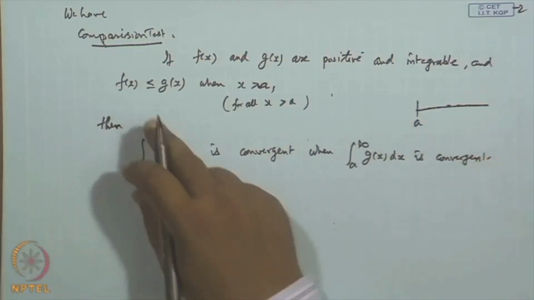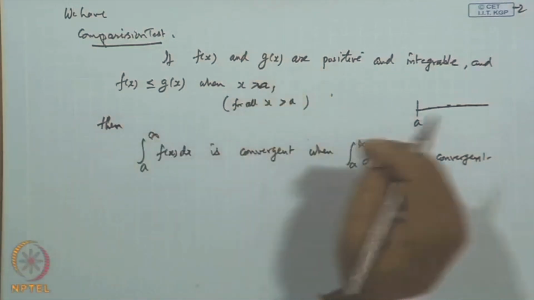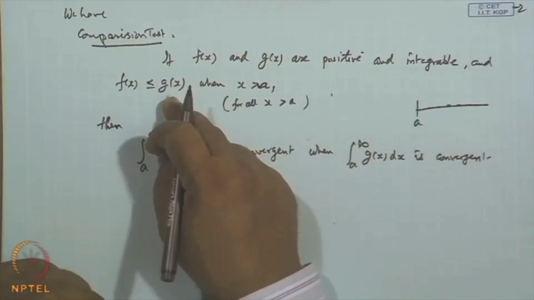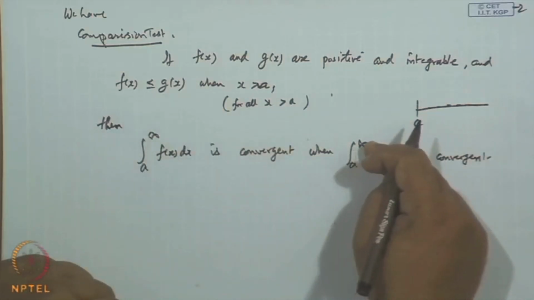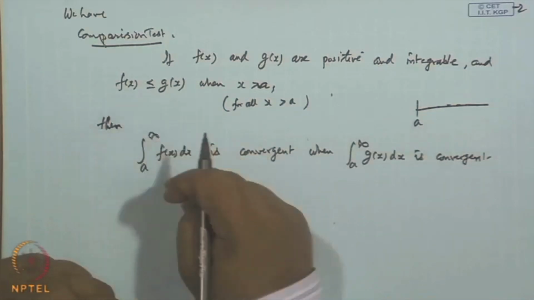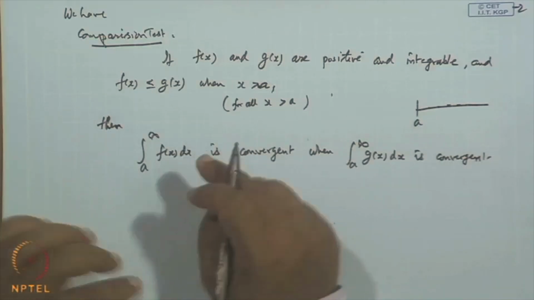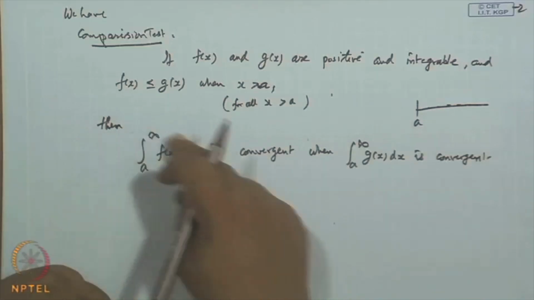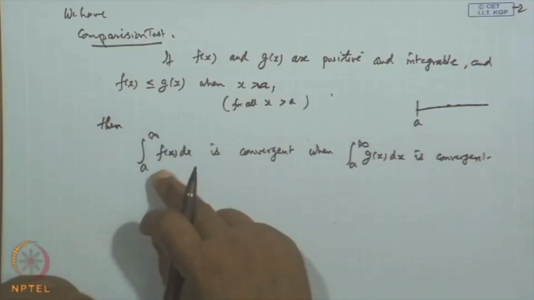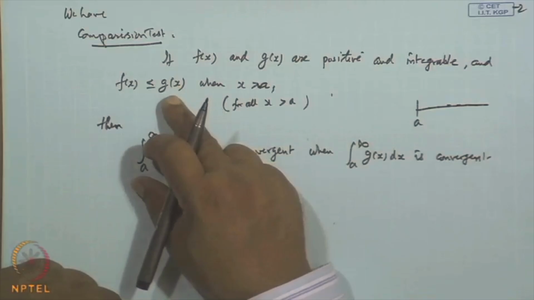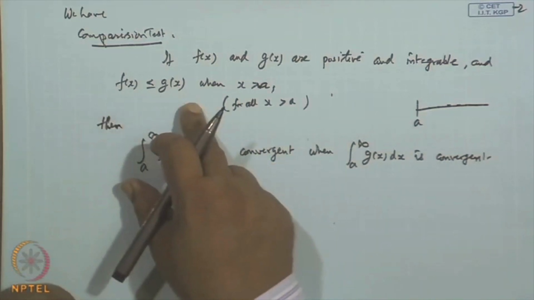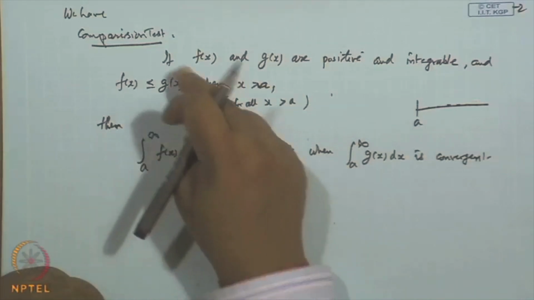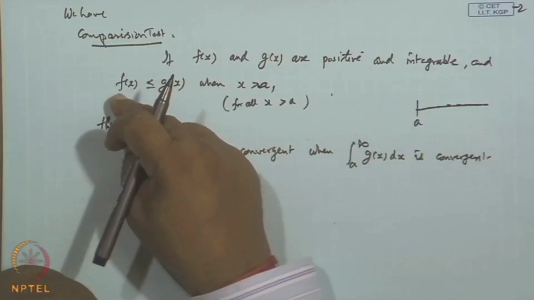It means when f and g are two functions which are positive and integrable, and if the right hand side integral of g(x) from a to infinity converges, then the left hand side integral of f(x) can converge. If we are able to construct a function g for which this condition is satisfied throughout the interval x greater than a, then the convergence of this integral will imply the convergence of this integral.